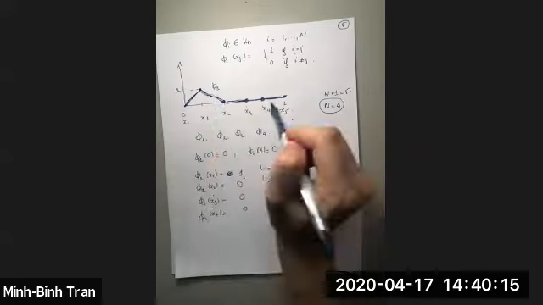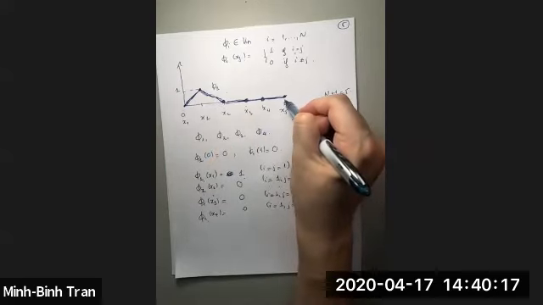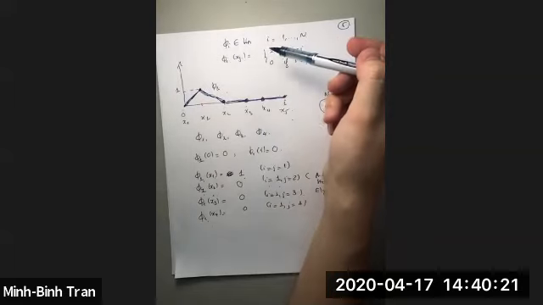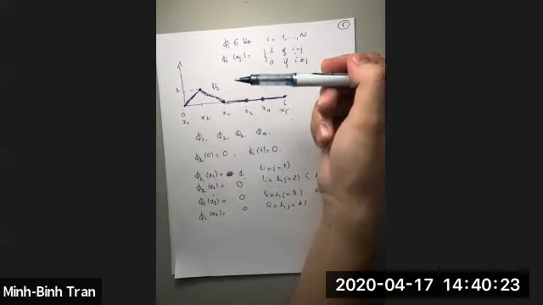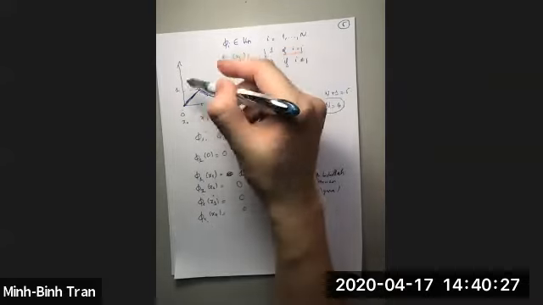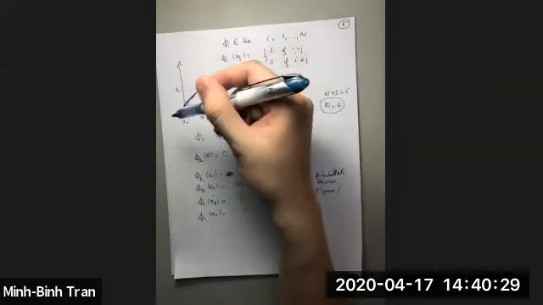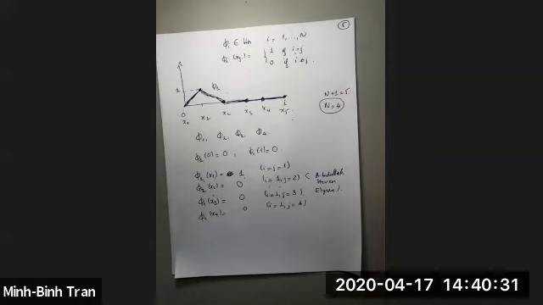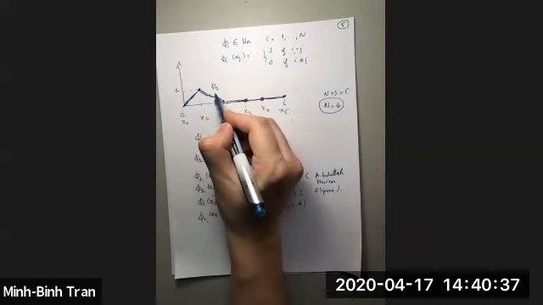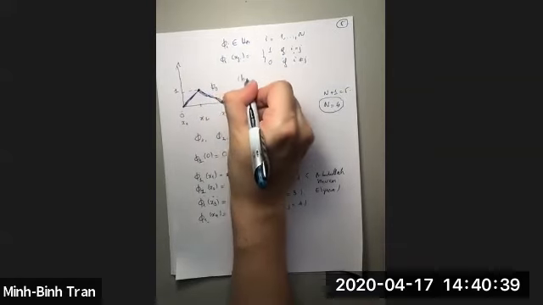It is 0 at x0 and x5 because it belongs to H_0^1. The only point that is not 0 is x1, and this is a piecewise linear and continuous function. So what I have to do is just to connect all of the points. So this is a hat function.